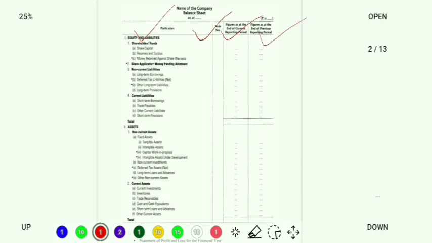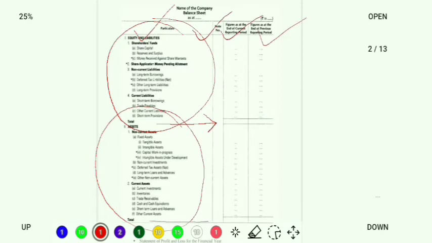Clear? Over here, this part refers to my liabilities part, showing me the liabilities total, and here is my assets part, showing my assets total. Now as we all know, the assets side will be equal to the equity and liability side. So this is also common for this.